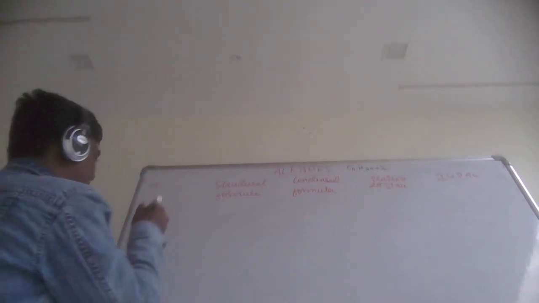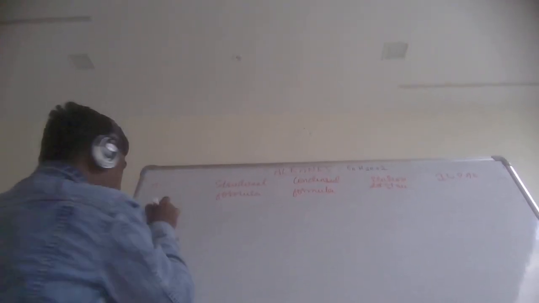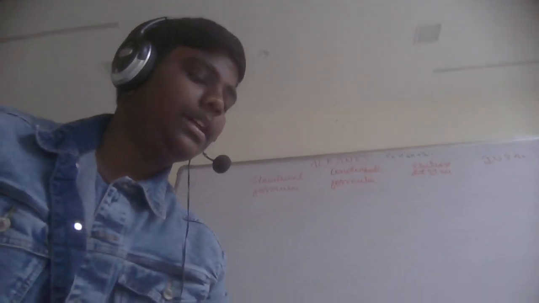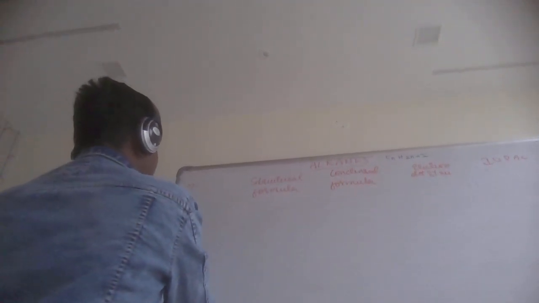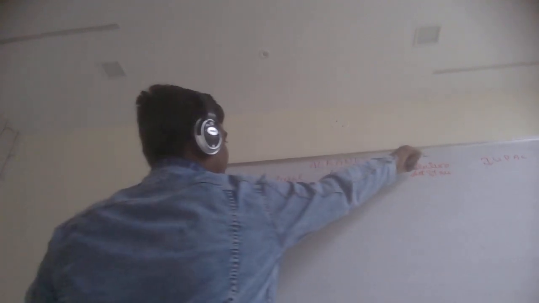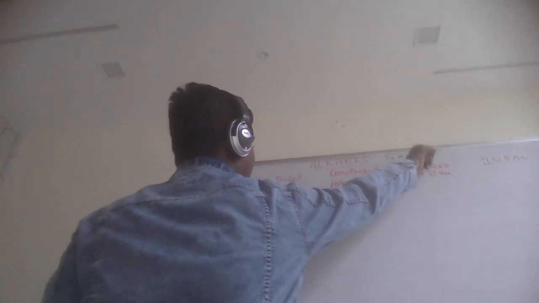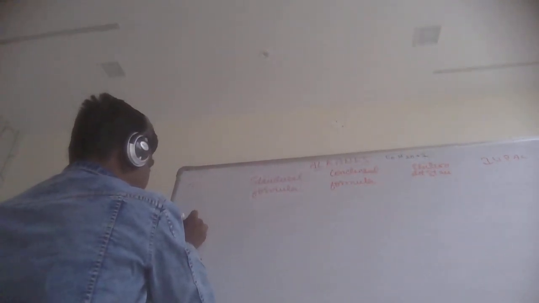Now if the value of n is 1, then here you see n is 1, so C1, or else just C. H, in place of n you substitute 1. 2 ones are 2, plus 2 is 4, CH4.